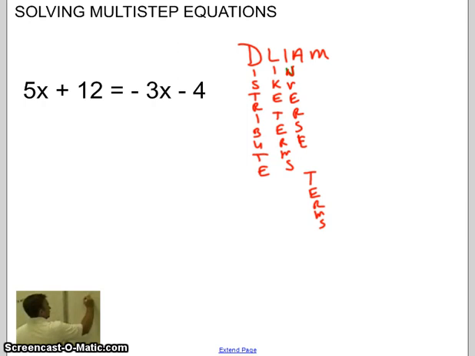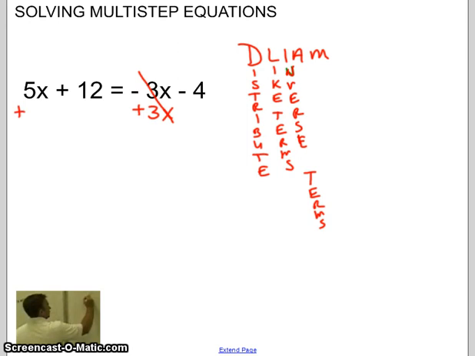So I'm going to get rid of this 3x, this whole variable term, from the right side of the equation. That will cancel it out over here because negative 3x plus 3x is 0x. And what we learned in the previous section is that whatever you do to one side, you have to do to the other side of the equation.